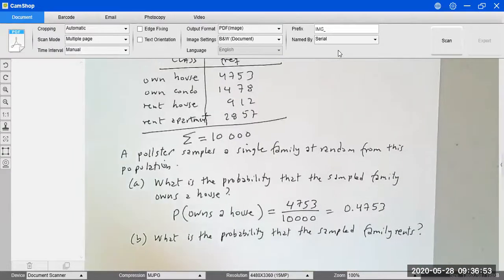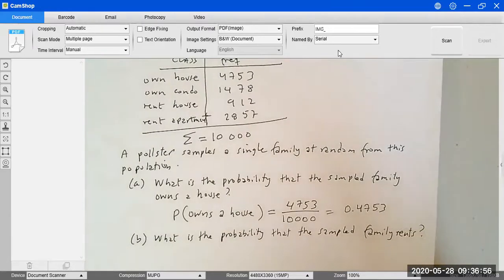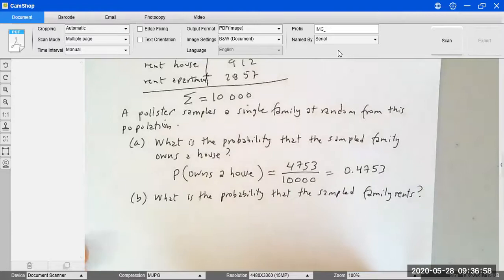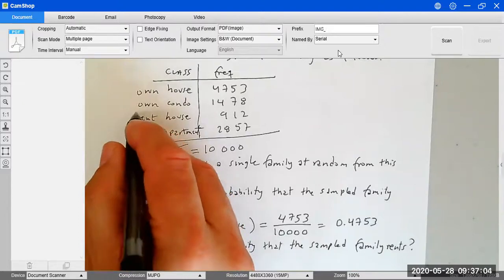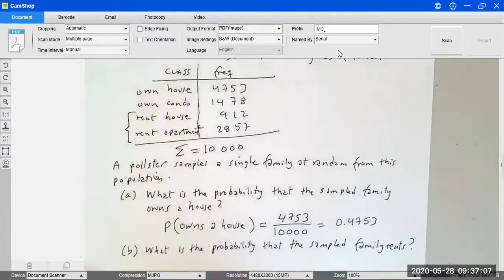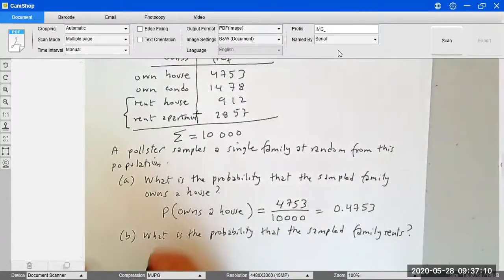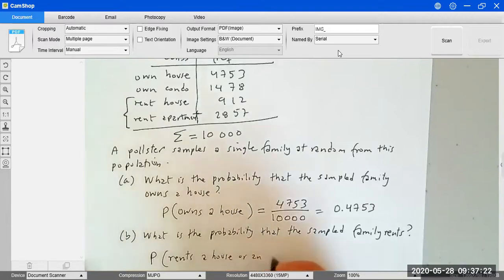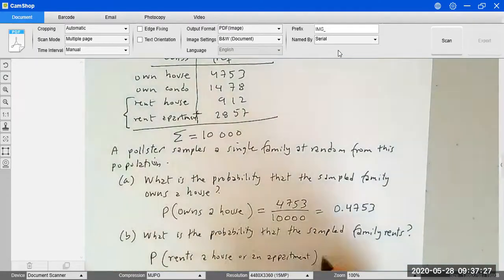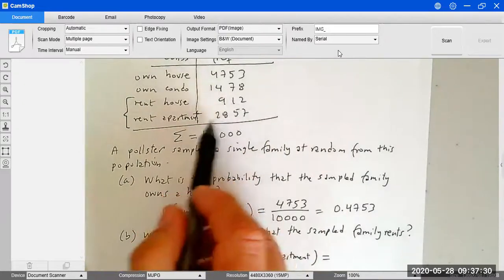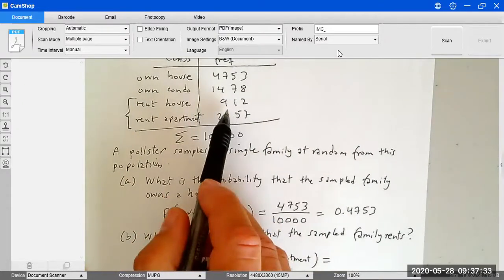In the second case, now we want to know the probability that the sample family rents. So now we have here that some families rent a house and some families rent an apartment. So to compute the probability of a family that rents, only either a house or an apartment, we're going to combine the frequencies of these two events, or outcomes.